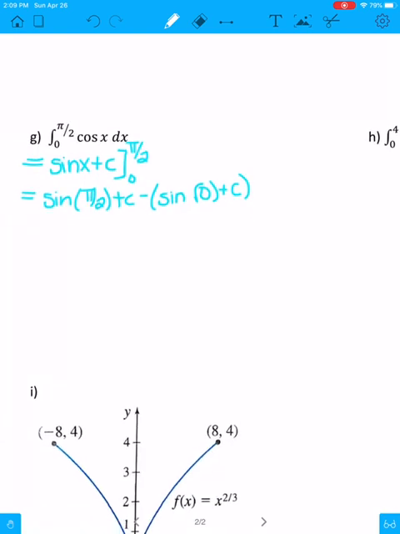Sine of pi over 2 is 1, because at 90 degrees my y is 1, plus c. Sine of 0 is 0, minus c, because I have to remember to distribute it. The c's cancel, and I'm left with 1 minus 0, which is 1. So the area under the graph of cos x from 0 to pi over 2 is an area of 1.